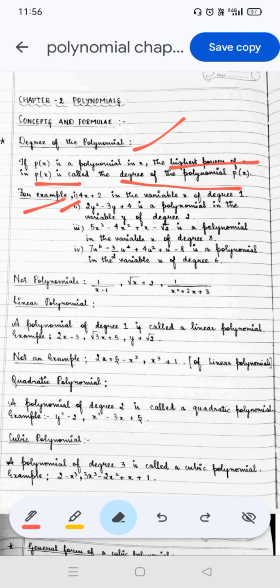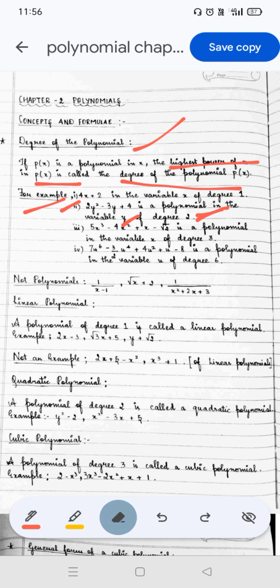So if we see this polynomial, the highest power in this polynomial is 2y square. So we can say that this polynomial, which has a variable y, is of degree 2.